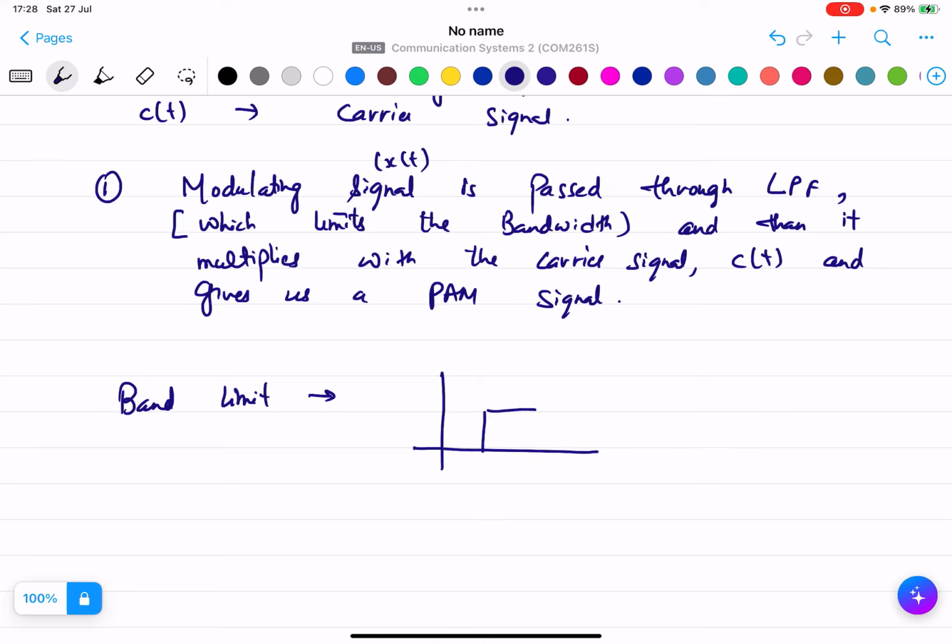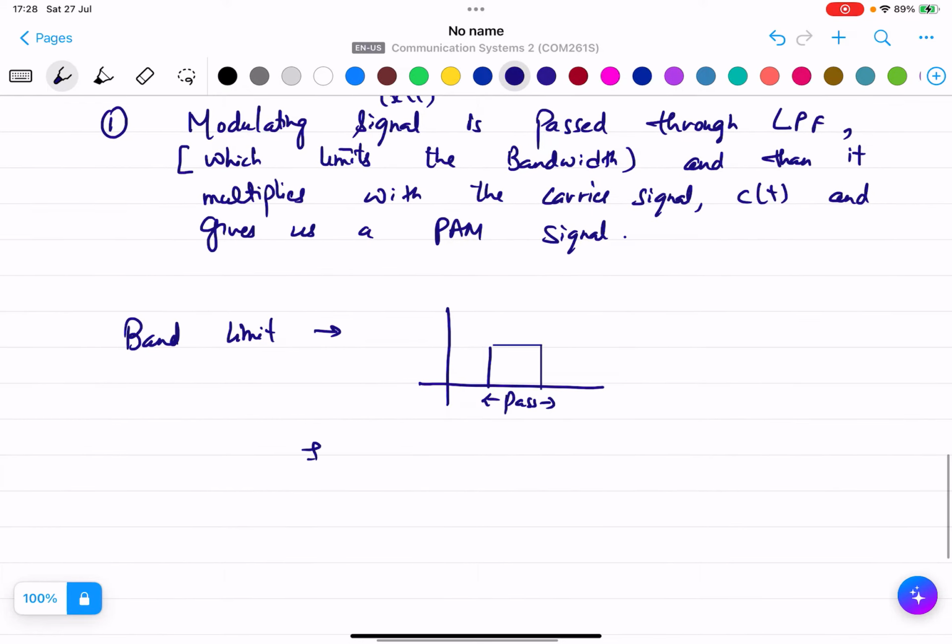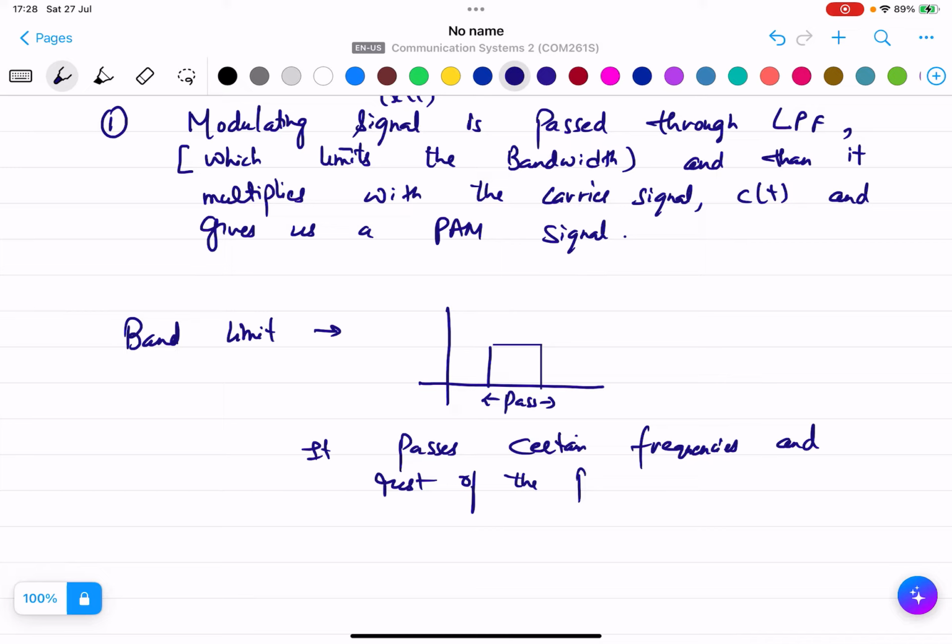It will pass these frequencies, and the rest of the pulse amplitude is 0. So this is your band limit.